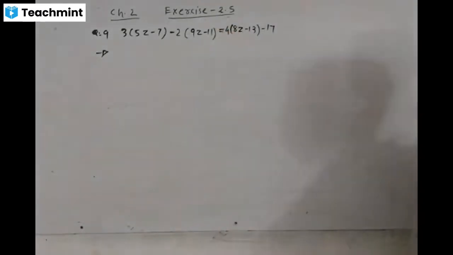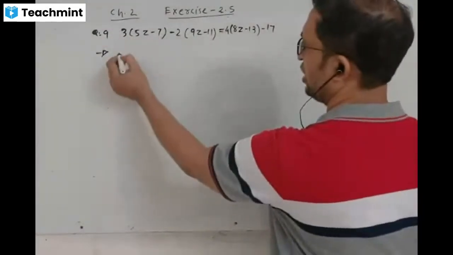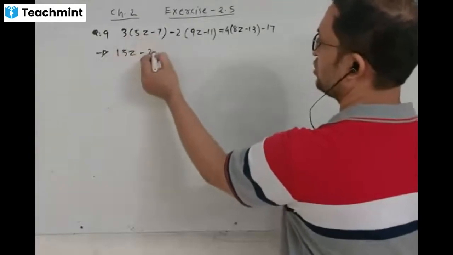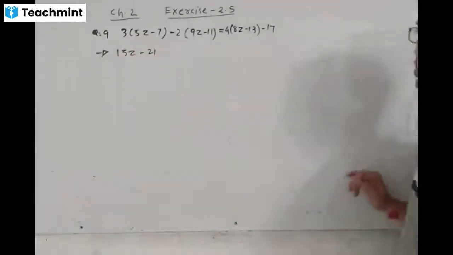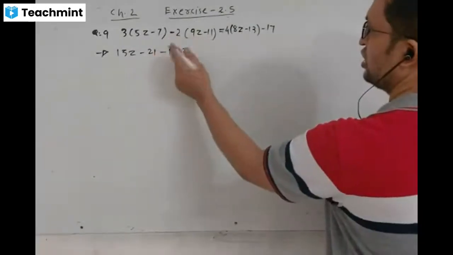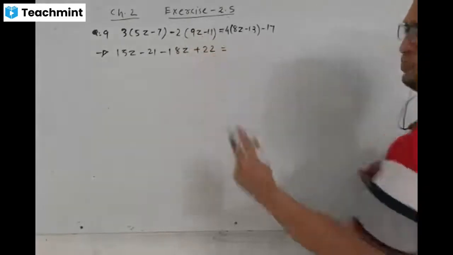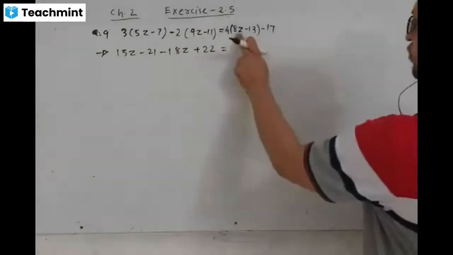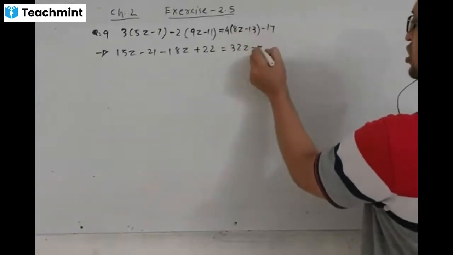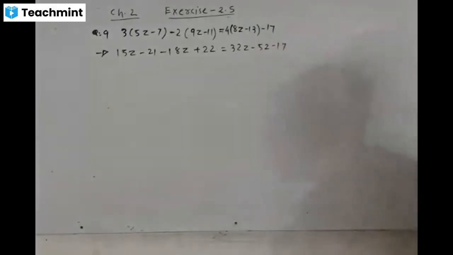First we simplify this bracket, distributive law. 3 multiply 5z that is 15z minus 7 3s are 21. Again distributive law, minus 9 2s are 18z and minus minus plus 22. Okay, 4 into 8z that is 32z minus 13 4s are 52 minus 17. Okay.